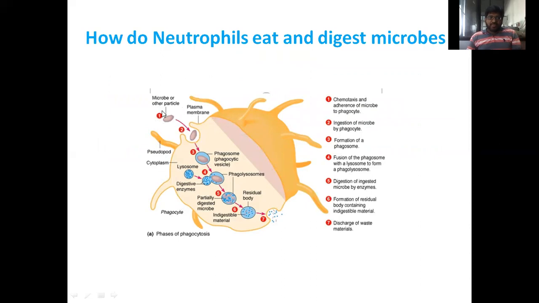Once microbes get attracted to the neutrophil by different chemicals, through chemotaxis, ingestion starts, and with the help of the lysosome and the phagosome, they digest these microbes and eat them totally. This is the simple process of how a neutrophil eats and digests microbes.